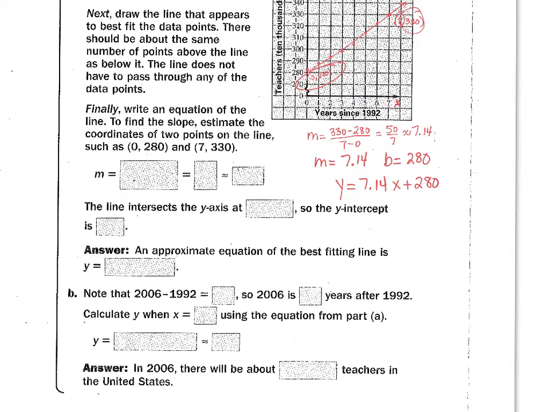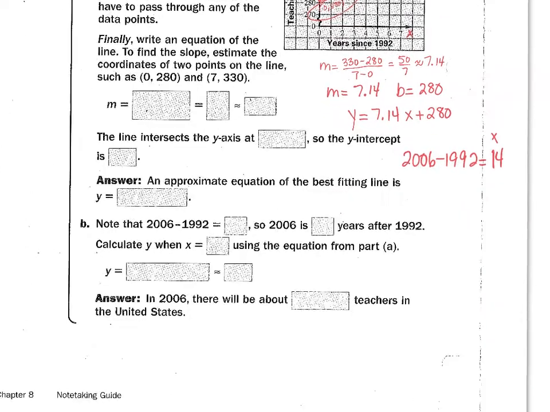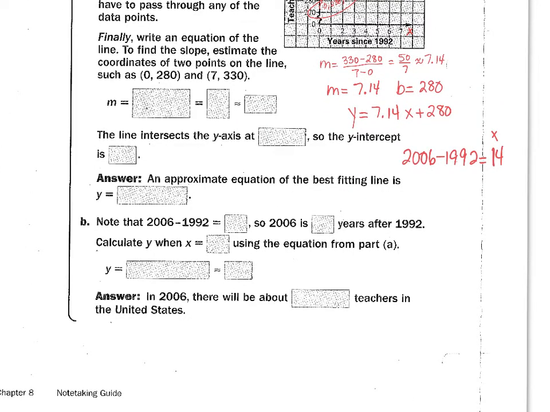Well, that's a year, so we have to find x. It's 2006, and it started at 1992. How many years is that, Jackson? 14. You are going to replace x with 14. So you write y equals 7.14 times 14 plus 280 and figure out what that is.